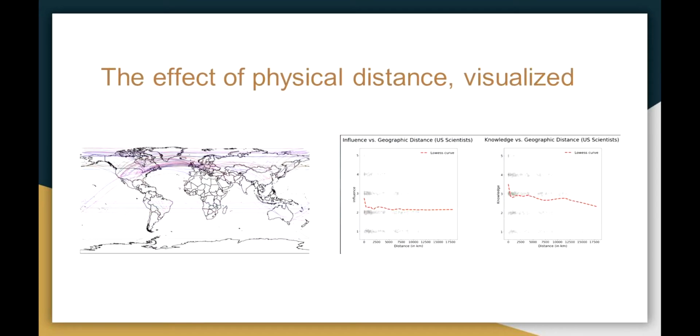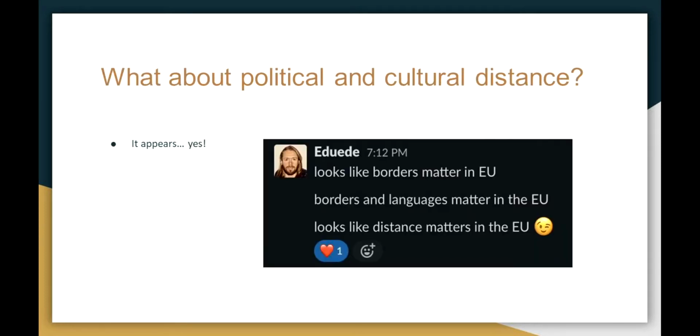If you look at the charts on the right, you can see that effect, because knowledge and influence both drop off incredibly steeply as distance first begins to increase, suggesting that early effect comes from them no longer being at the same institution, and then peters out a little bit, although the effect does still persist with increased distance. And we see the same effect for political and cultural notions of distance as well.